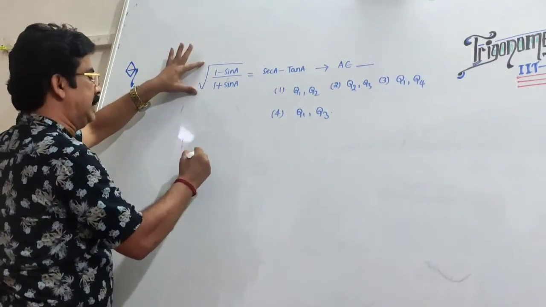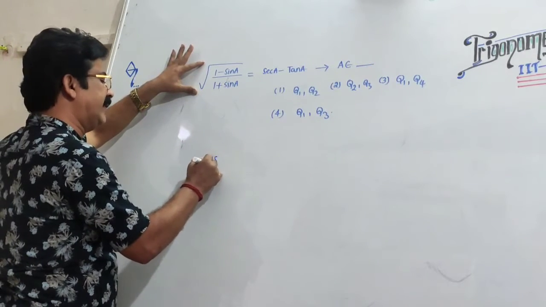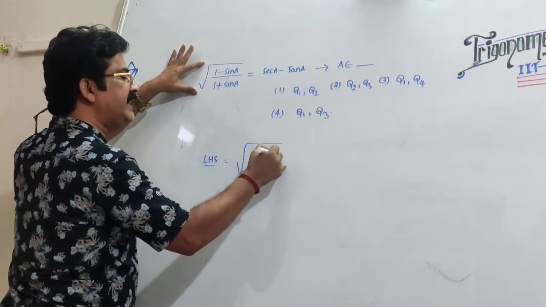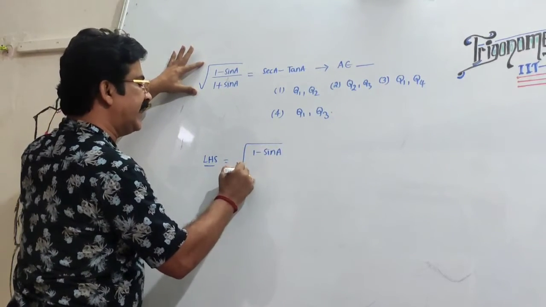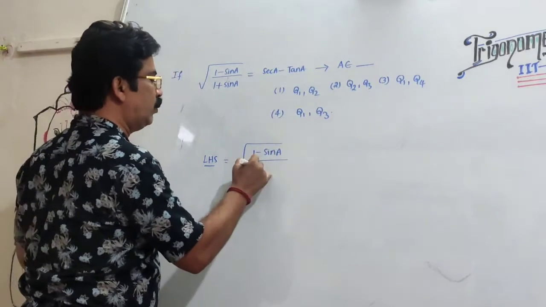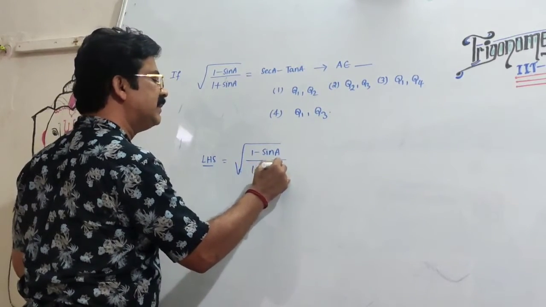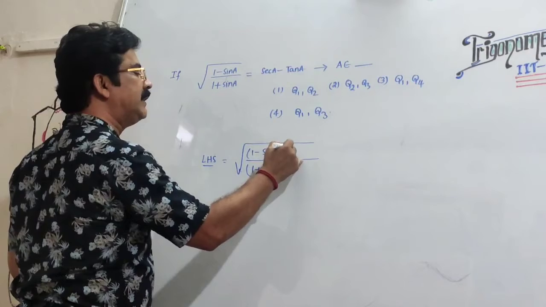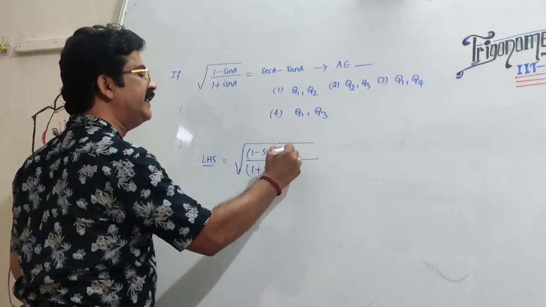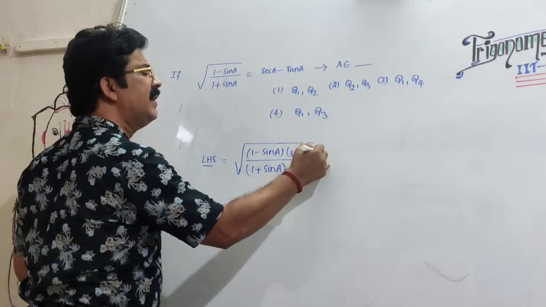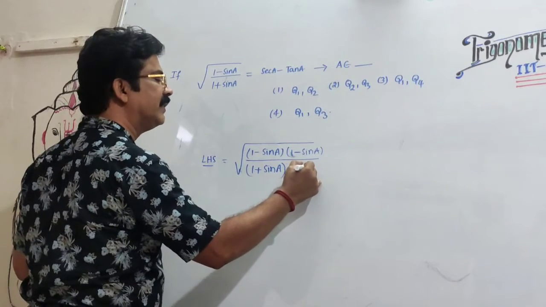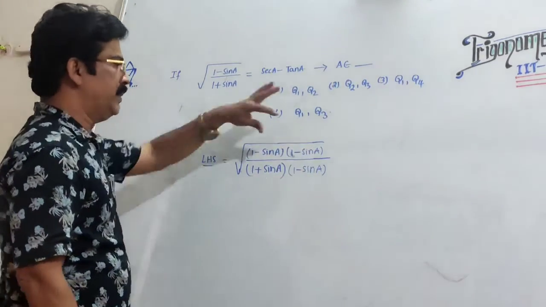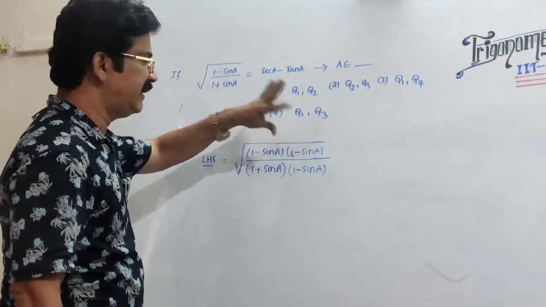So first the LHS value: square root of 1 minus sin A divided by 1 plus sin A. Let us multiply with 1 minus sin A, just like rationalization, but it is not called rationalization. Just multiplication and division by 1 minus sin A to numerator and denominator.